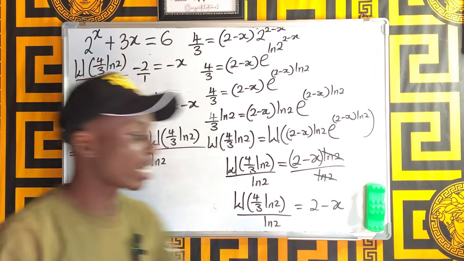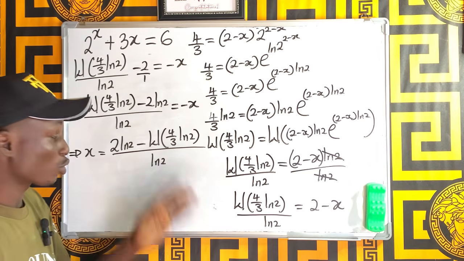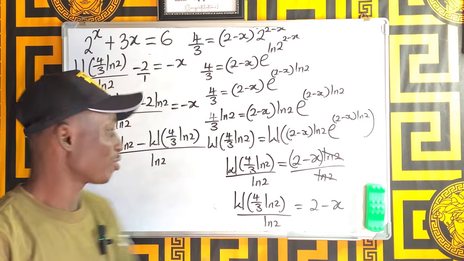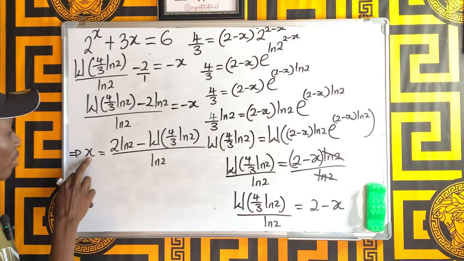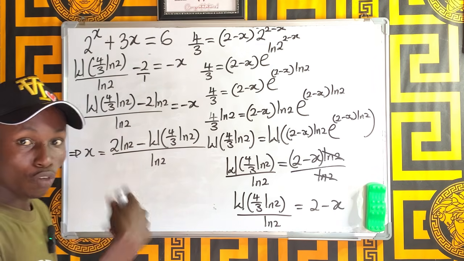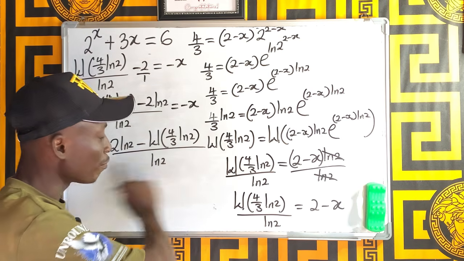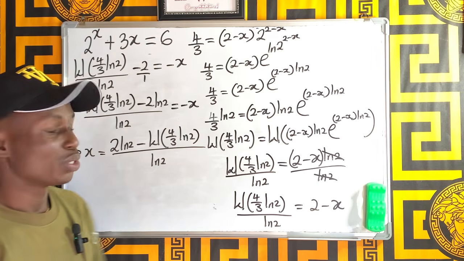Remember, not all calculators have the Lambert-W function. You cannot see it in this calculator, so don't try looking for the Lambert-W function on it because you cannot get it. But just know that the value of s is equal to 2 natural logarithm of 2 minus the W function of 4 divided by 3 natural logarithm of 2, all divided by natural logarithm of 2. And this is a beautiful solution to this question.